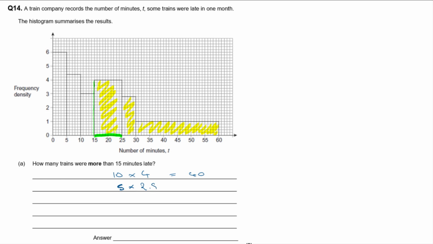So 5 lots of 2.8. What's that, 14? And then finally, I've got one stretching from 30 to 60. That's a width of 30. And a height this time of 1. So 30 times 1, that's just 30. Okay, so adding those up then, 40, 30 and 14, that adds up to 84, doesn't it? Okay, so then that's 84 trains who were more than 15 minutes late.